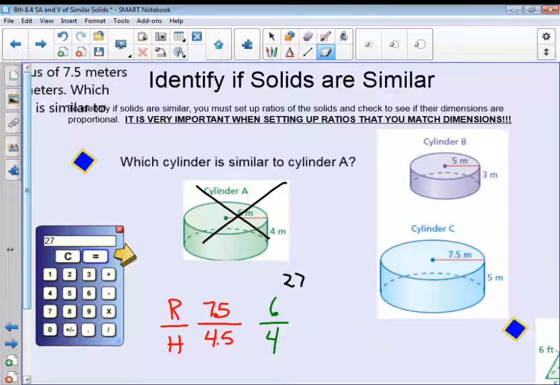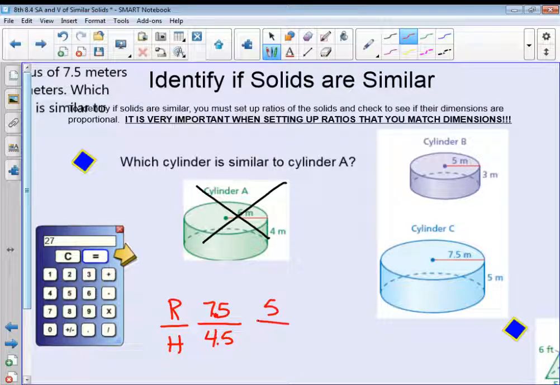Okay, so let's check cylinder B. So my radius on cylinder B is 5, and my height is 3. So let's check cross products there. So 5 times 4.5 gives me 22.5. 7 times 3 is 21. This one might be it.